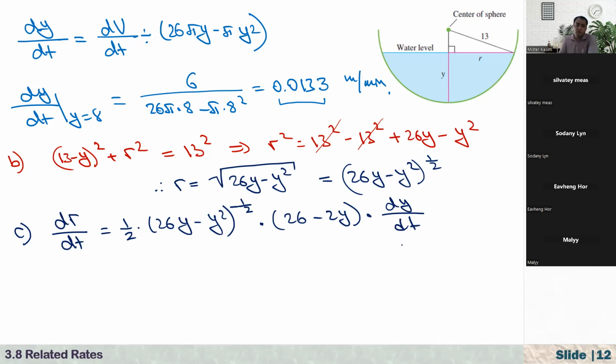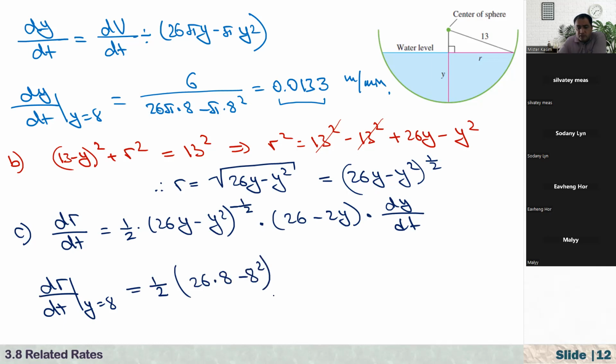We have to evaluate this when y is equal to 8. So dr/dt when y is 8 equals 1/2 times (26 times 8 minus 8 squared) to the power of minus 1/2, times (26 minus 2 times 8), times dy/dt.